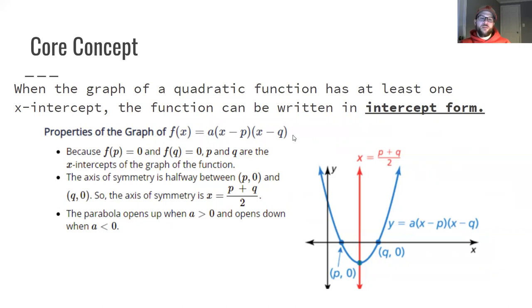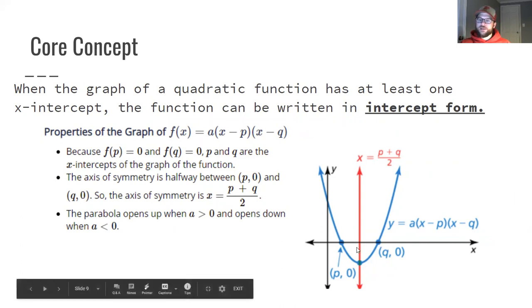So this is, if you think about it, factored form, when we continue on and talk about quadratic equations a little bit more. Because your two values, when they get multiplied together, could possibly equal 0, you're going to have possibly two different values where the parabola could cross the x-axis.